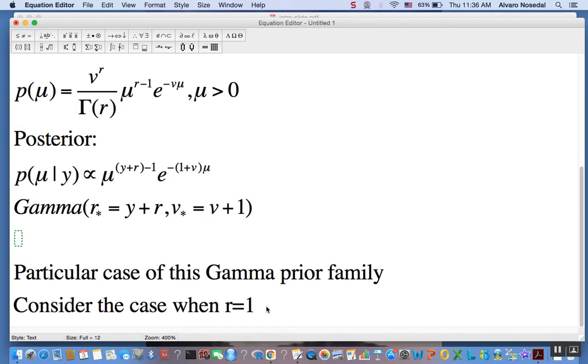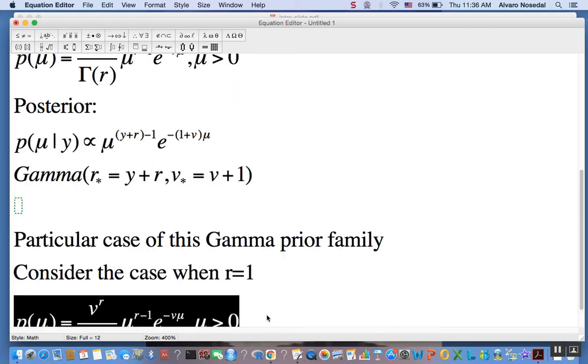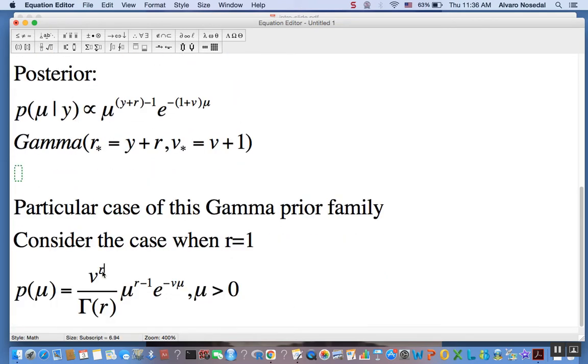So when r equals 1, let's see what happens with the expression of the prior. You have v to the power r, so that's v to the power 1, gamma function evaluated at 1, and mu to the 1 minus 1 power. As you can see, gamma evaluated at 1 is the same as 0 factorial, so that's just a 1.